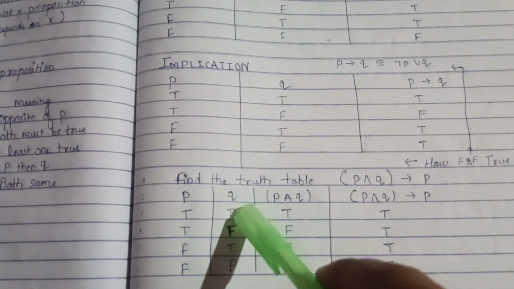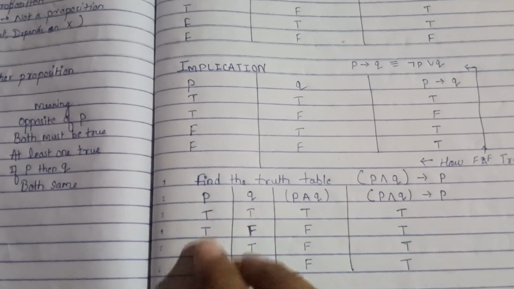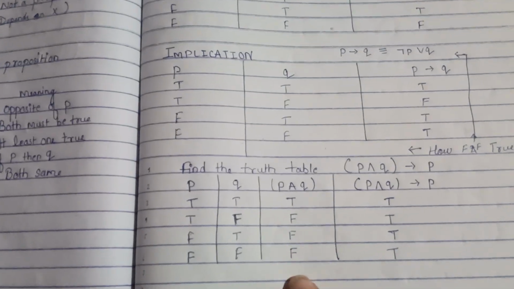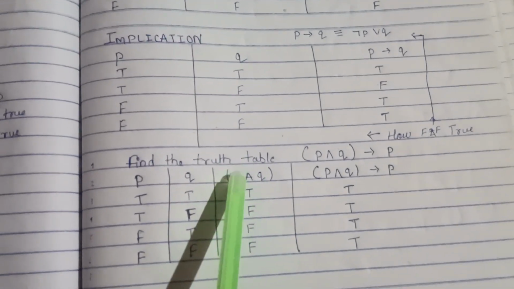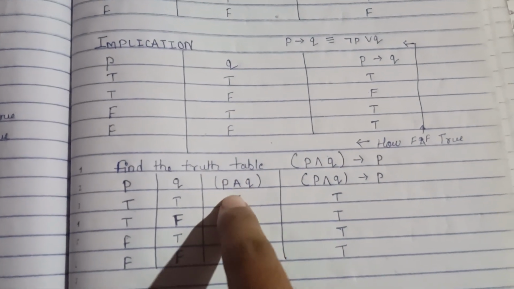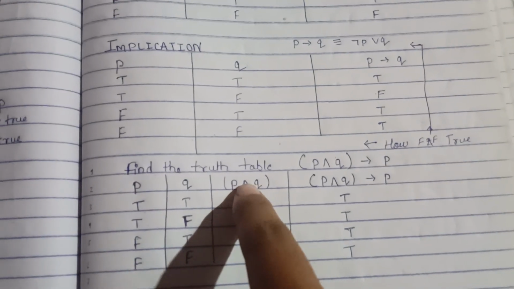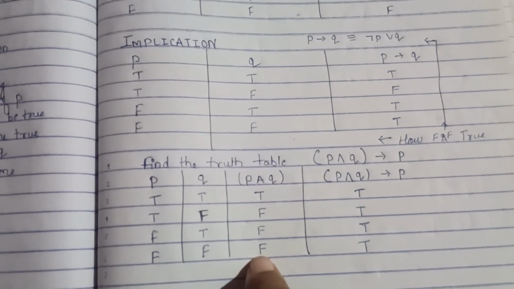So true, false, the same for P and Q. This is P and Q. I have the habit of remembering the symbol like this: I made this an A, that's why I remember this is the AND symbol.